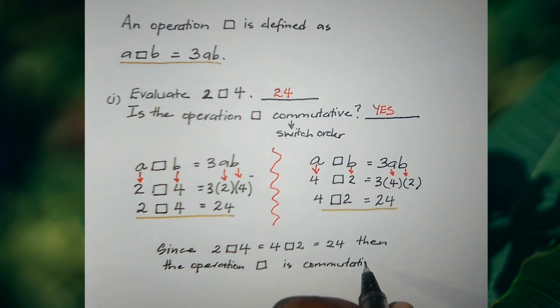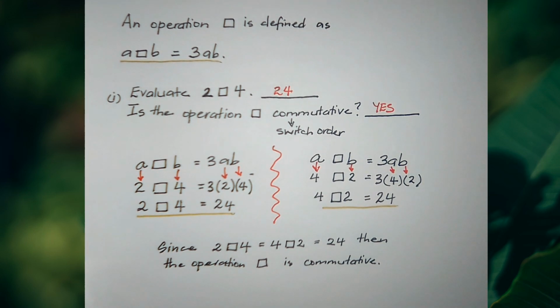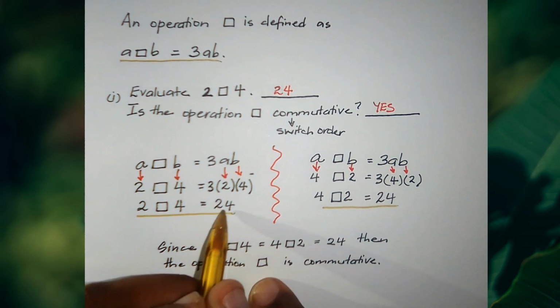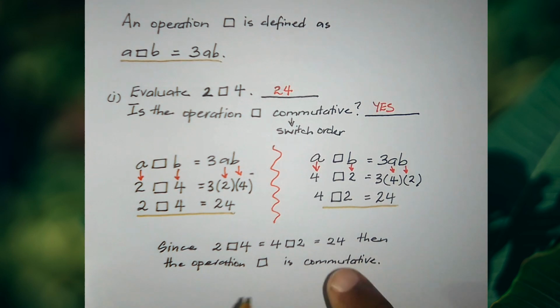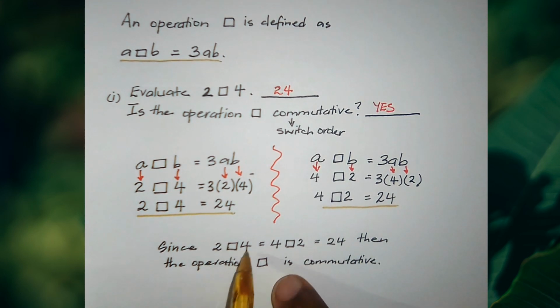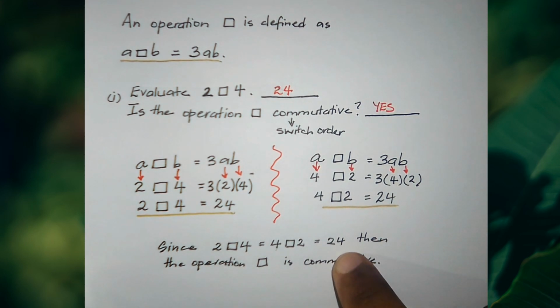I love when this sentence is written so I can read it and say okay, I proved that this one equals 24 and this one equals 24. So when I switch the order, 2 and 4 and then 4 and 2, I end up getting the same answer. This is how you demonstrate so you understand what you're doing and know what you're doing, right? So I like it like this.